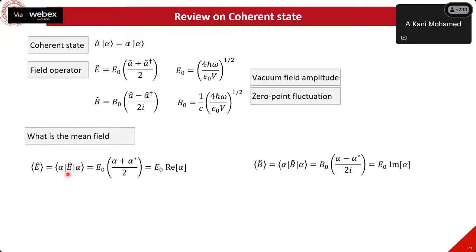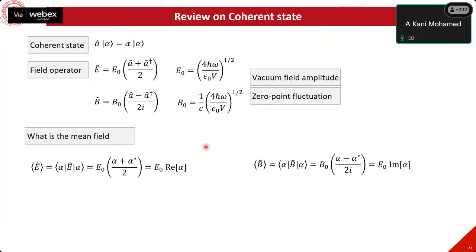If we compute the mean value of the electric field for this coherent state, we get E naught times (alpha plus alpha star) divided by 2, or E naught times the real part of alpha. It's nothing but the amplitude. Similarly, the mean value of the magnetic field is B naught times the imaginary part of alpha.